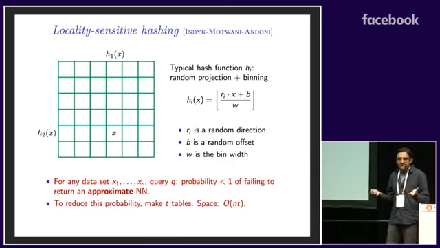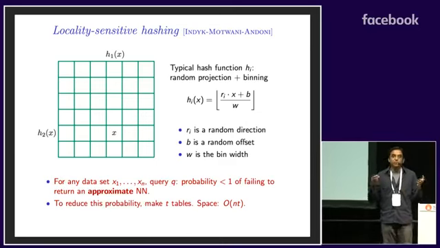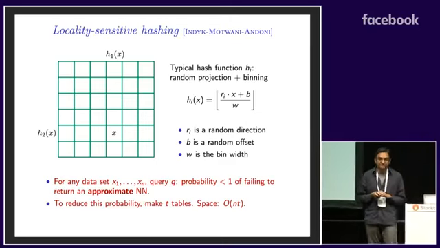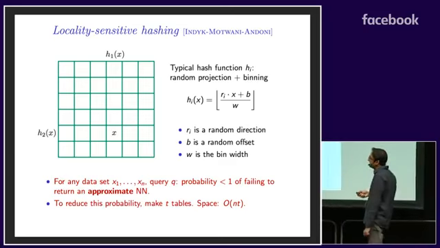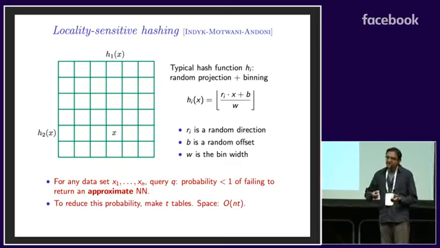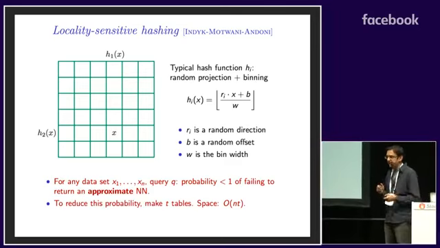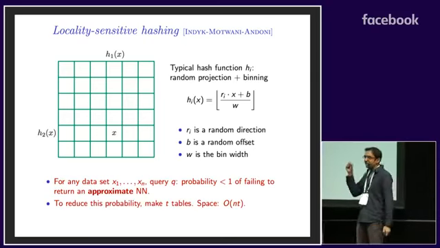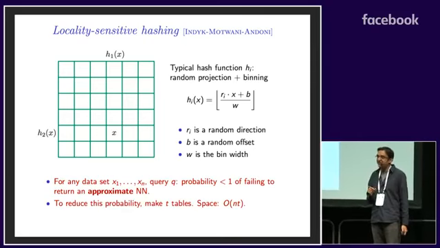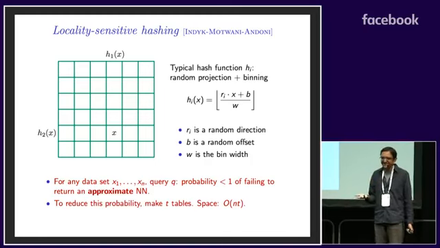You build 10 tables, and the failure probability becomes 0.9 to the power of 10. You build 100 tables, it becomes 0.9 to the power of 100. This randomization paradigm has been very effective because you can make the error probability as low as you like by just duplication. It's a very simple operation.